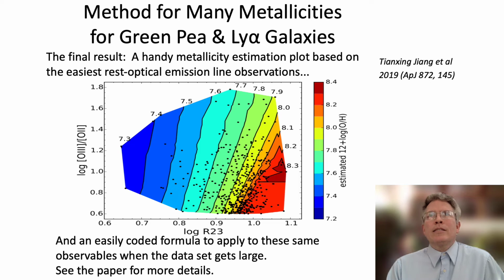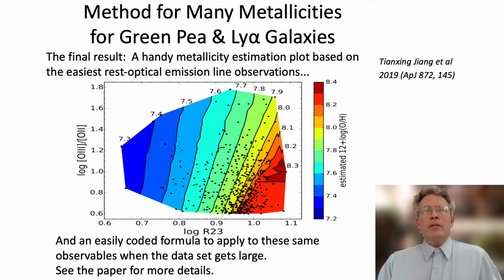And it's a slightly ugly looking formula, but it's only really the quadratic formula for getting the metallicity back out. And you can code it up in Python in a few lines and go to town with your large sample. So that's how we use green peas to give us a recipe for metallicity measurements.